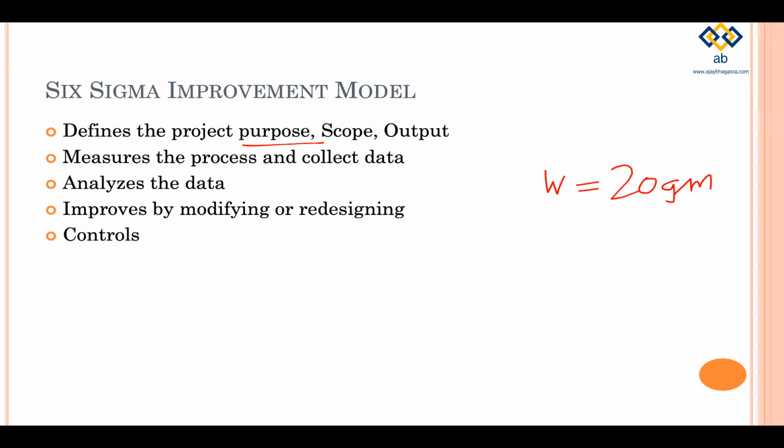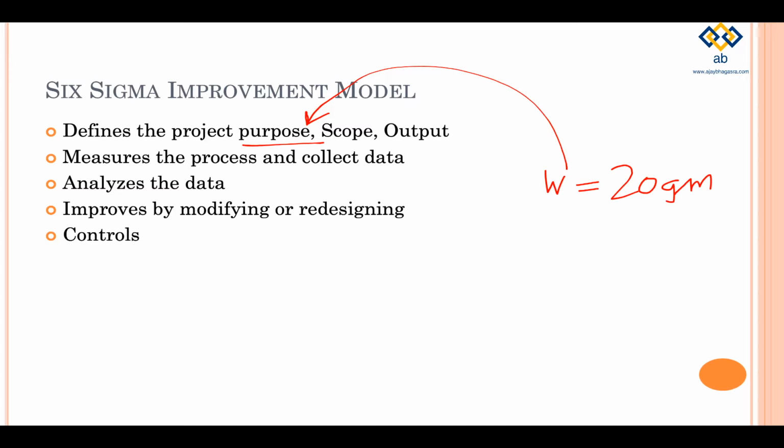Now you can apply Six Sigma on the weight. This is the purpose that I was trying to explain to you, right? Six Sigma is always process specific. It depends on what process you would like to implement Six Sigma. So when we are saying that every packet has to be 20 grams of weight, this is the weight process on which we will implement Six Sigma, right? 20 grams.